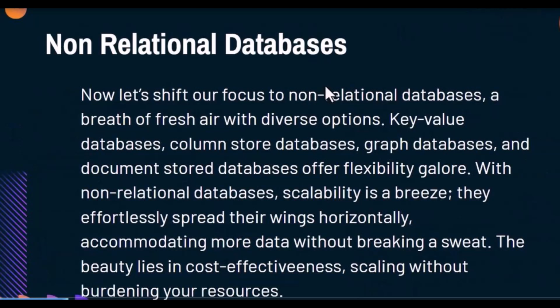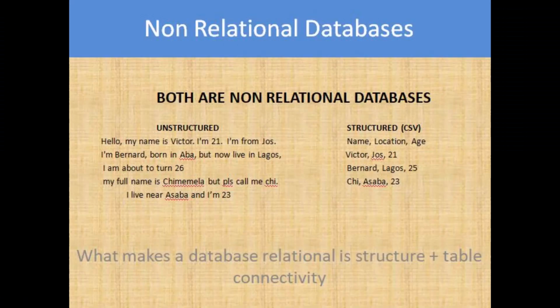The scalability. It's easy to scale non-relational databases. Like maybe you are using it for one person, you can use it for 100, 1000, it's easy to generate. So non-relational databases are easy to scale. That means that they can essentially scale out without adding more resources.